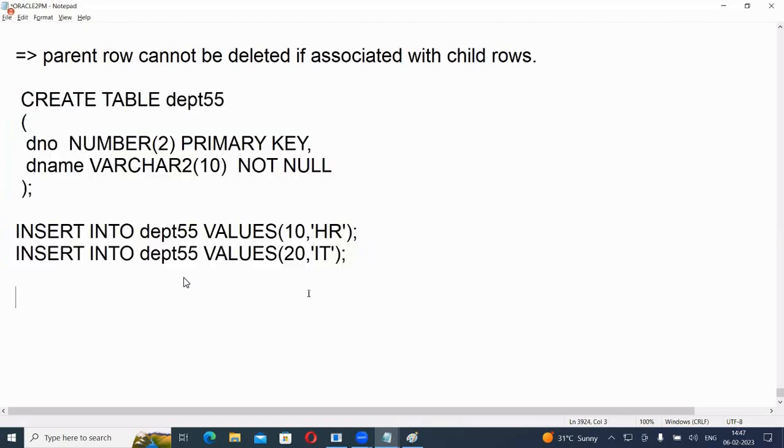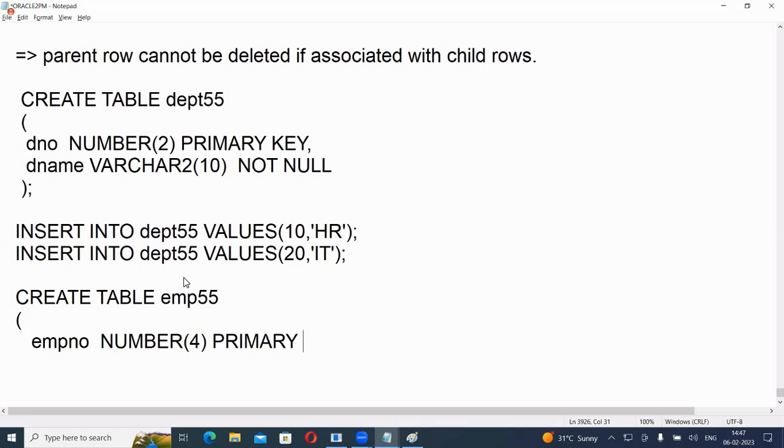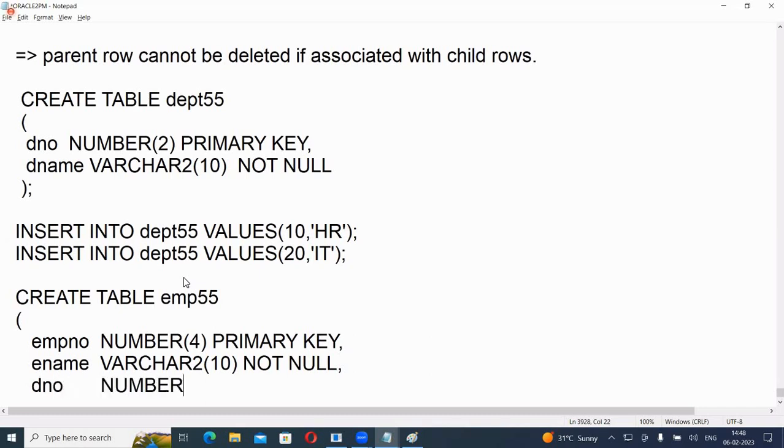Now create the child table. Create table EMP55: employee number, number(4), primary key; ENAME varchar2(10), not null; DNO number(2).